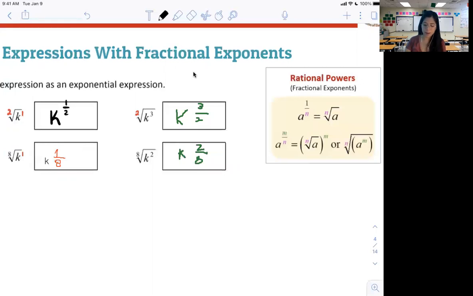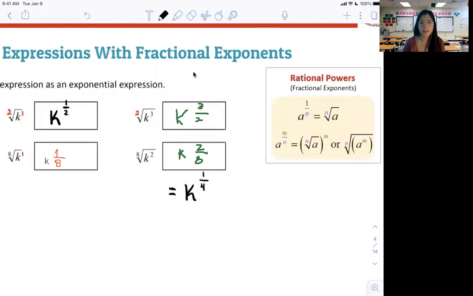Yes. What can I simplify that to? 1 over 4. So I can simplify it. So good. Any questions on how to go kind of backwards, how to convert from a radical to an exponent?